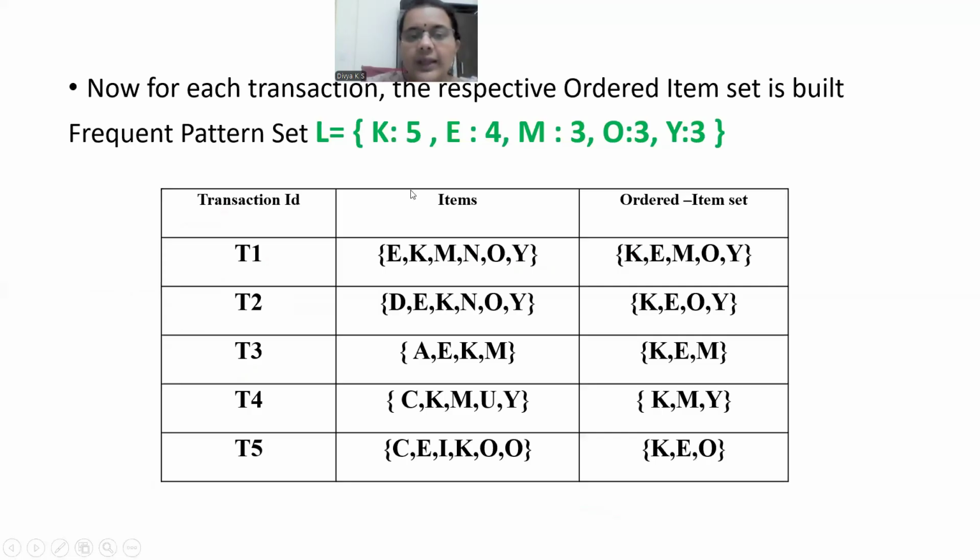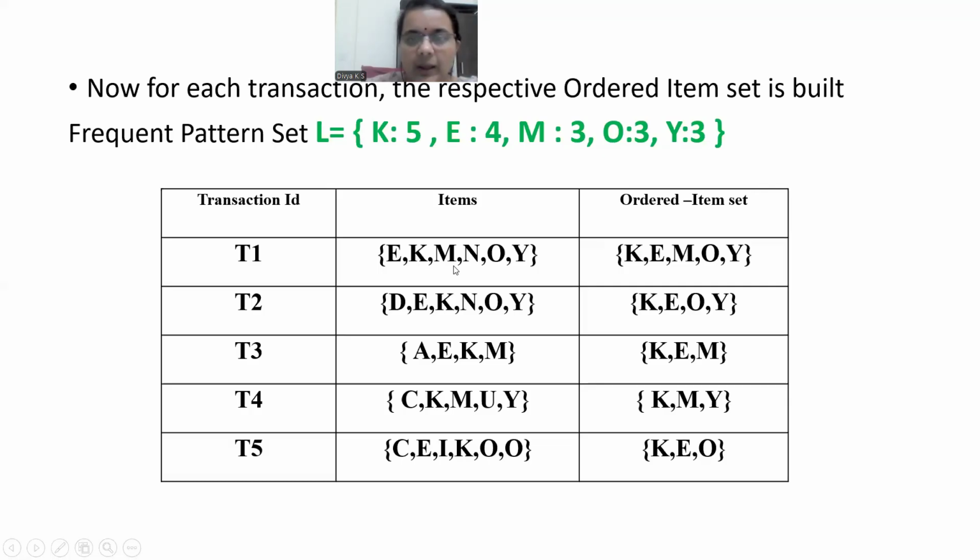Okay. Now next, this is the first table, the question table. From here we now write the ordered item set. In the ordered item set, the item which is not in L, we remove. Now E is there. K is there.